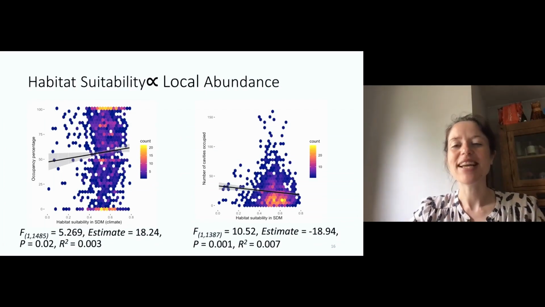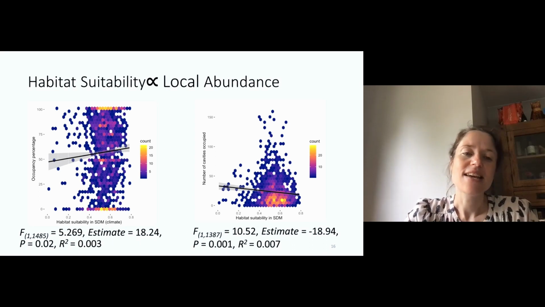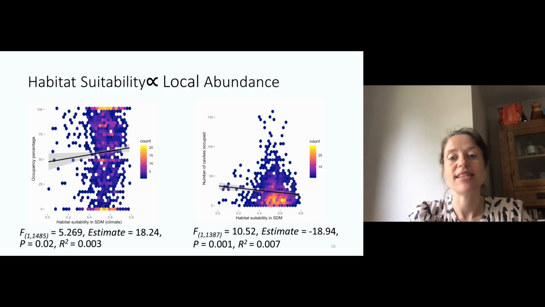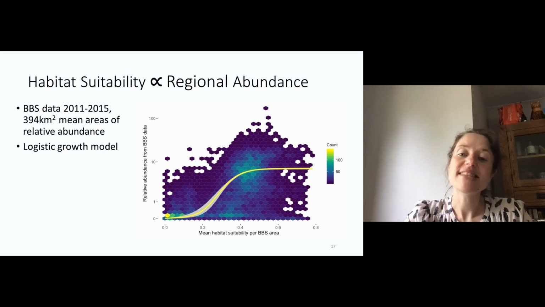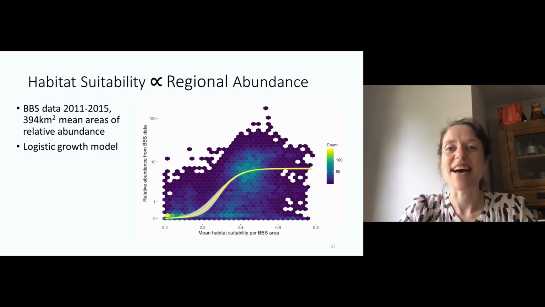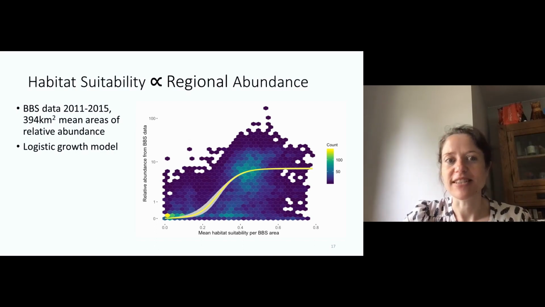Similarly underwhelming, there was really no evidence of a convincing link between the occupancy percentage, or the number of cavities occupied, at the colony level, this very local level, based on the PMCA survey data. Where we did find some more hope of a link between the SDMs and the things we really care about was looking at regional abundance from the breeding bird survey data.